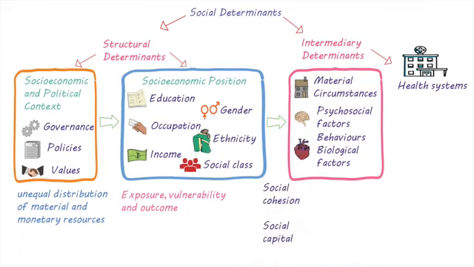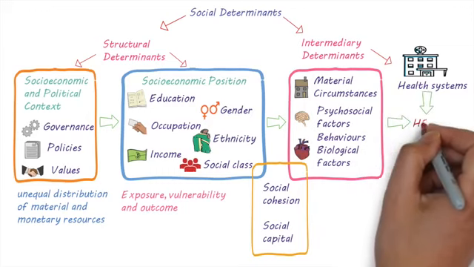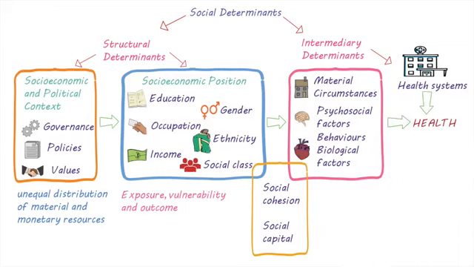Social cohesion and social capital are factors that bridge the structural and intermediary determinants. They describe the willingness of people living in a community to make sacrifices and to cooperate with each other for a wider benefit. Intermediary determinants influence health and health inequities.